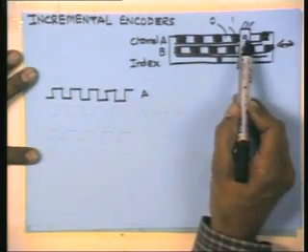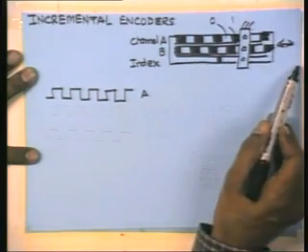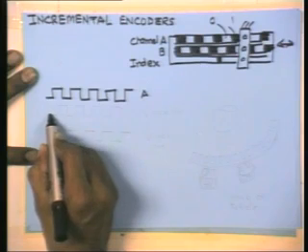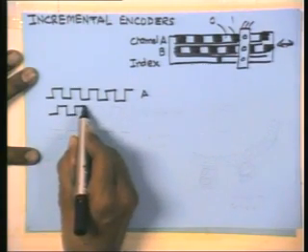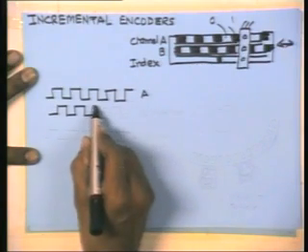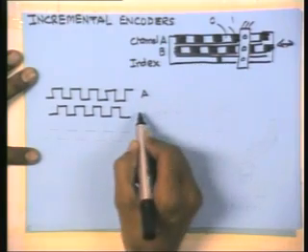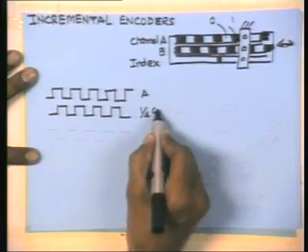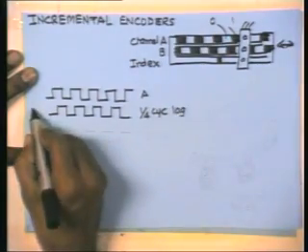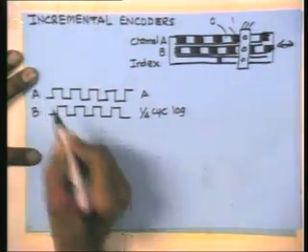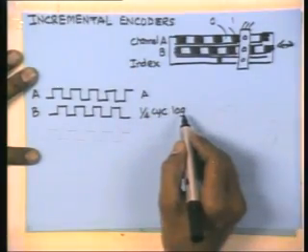This black will come in first, then a quarter cycle later this black will come if I am moving to the right. So my pattern would be a quarter cycle behind, a lag. This is channel B, this is channel A, and this is for rightward movement.